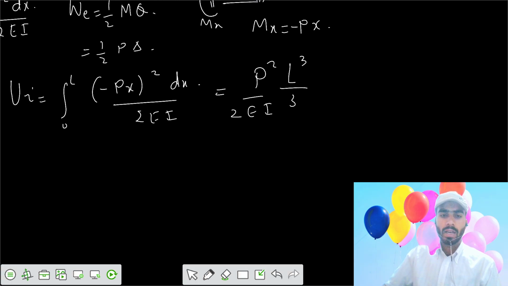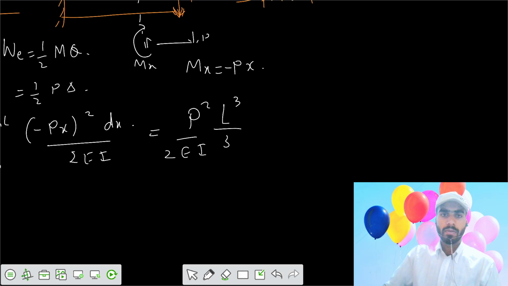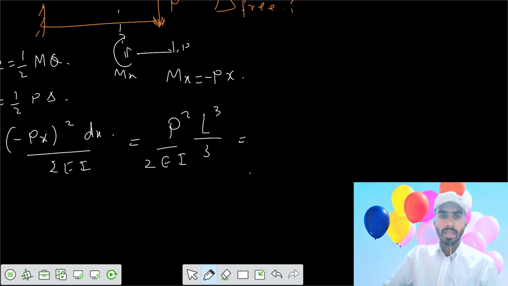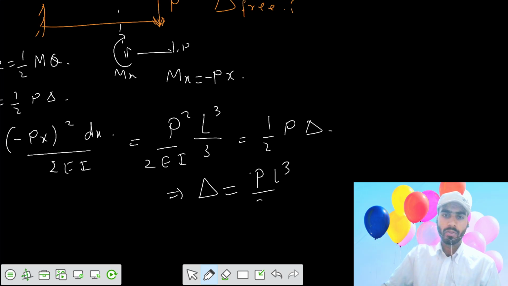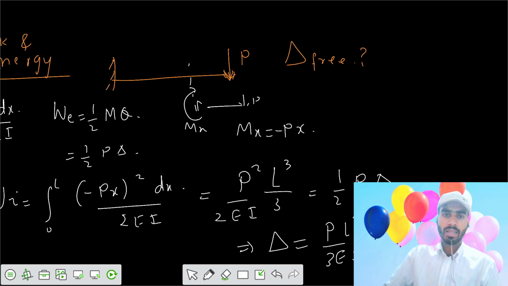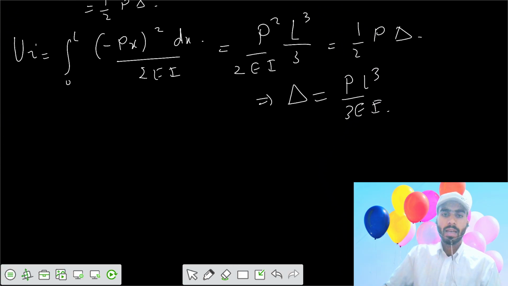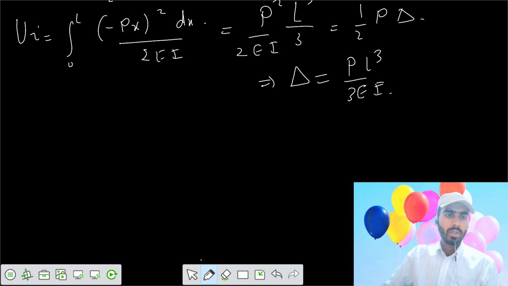If we equate it with half of P into delta, we get delta equals PL cube by 3EI. But this is the conventional method, and this approach is only valid.